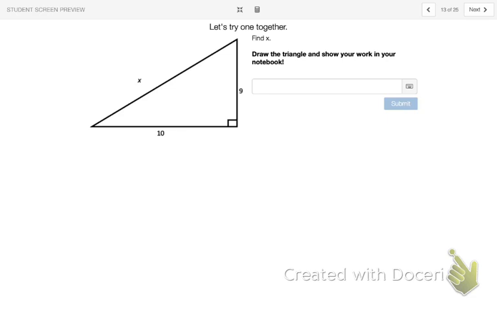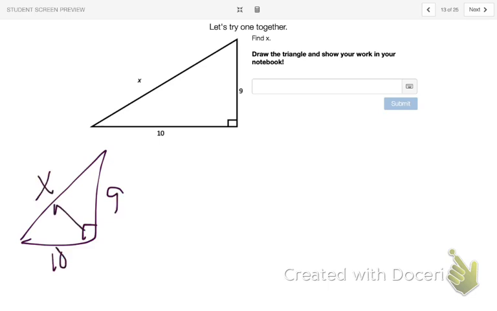So, first thing first is you want to draw that triangle. Second thing is you want to show your work. So, we have a squared plus b squared equals c squared. So you want to write that into your notebook.